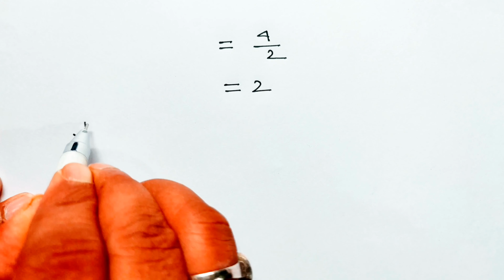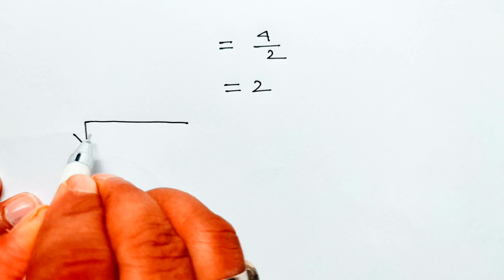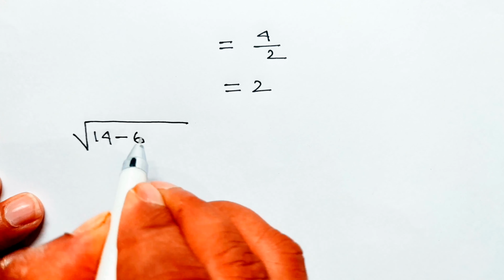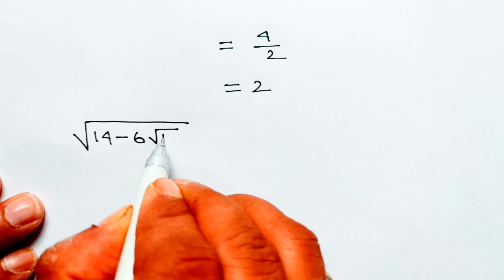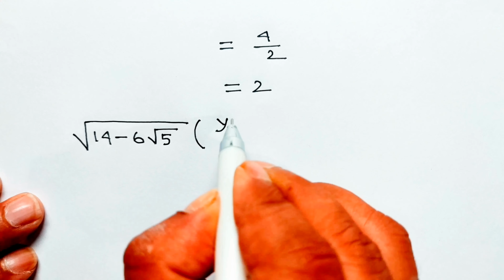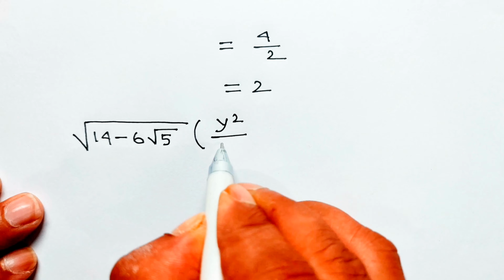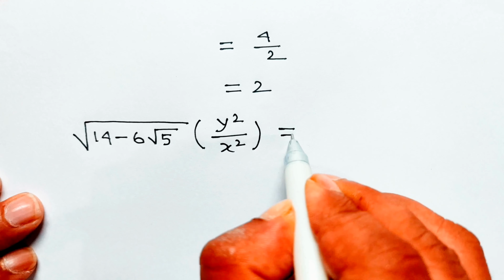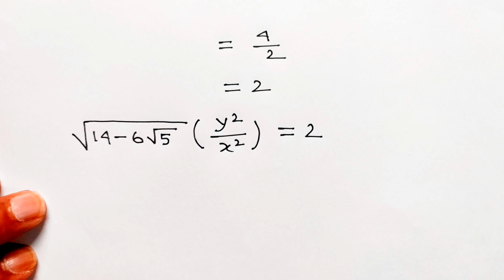Under root of (14 minus 6 root 5) into y square divided by x square equal 2.